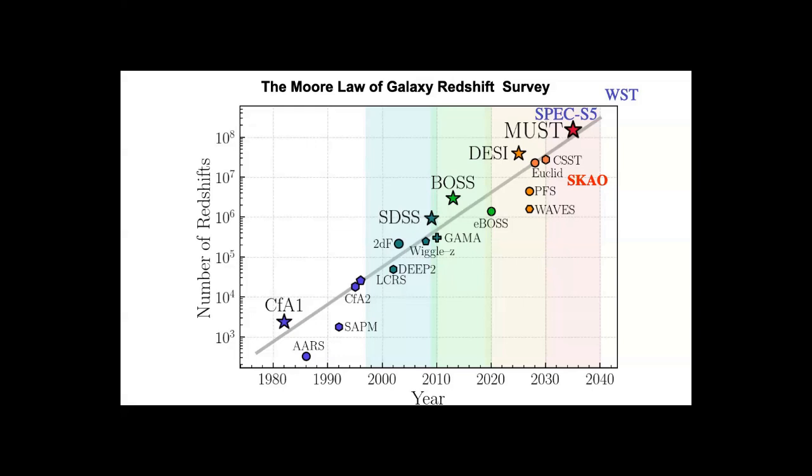Okay, so you have MUST, you have SPEC-S5, and WST will come probably after 2040. I mean, SKA will also do some redshift survey, but of course a bit differently. Large numbers, probably not as many, but it will also be very important because SKA will go to high redshift. I see you didn't put a dot. Yeah, because. Is that the mid or the first stage, or the full?